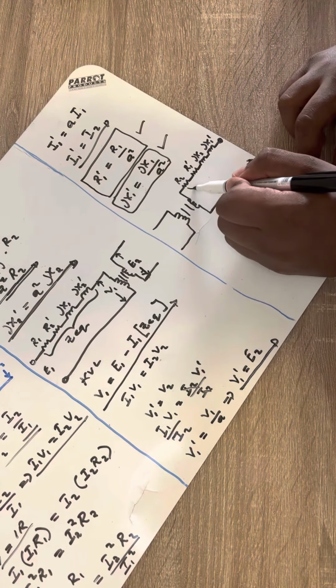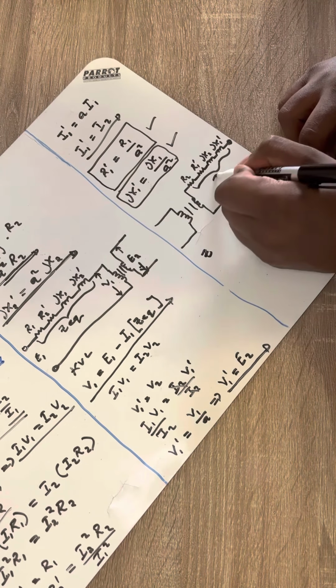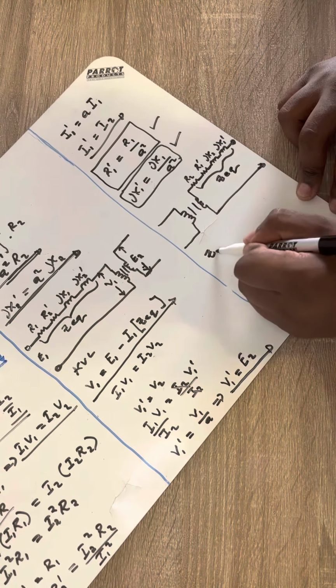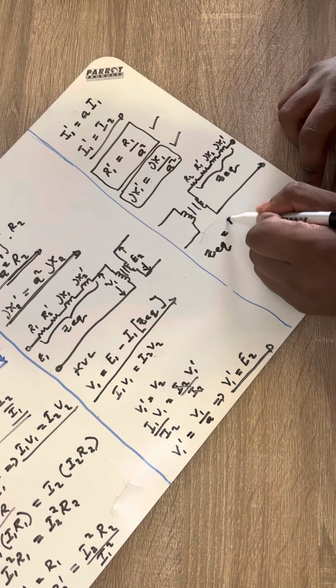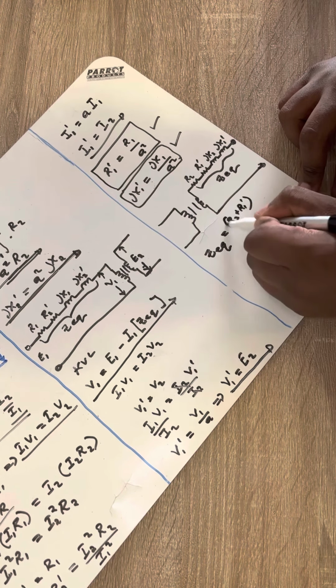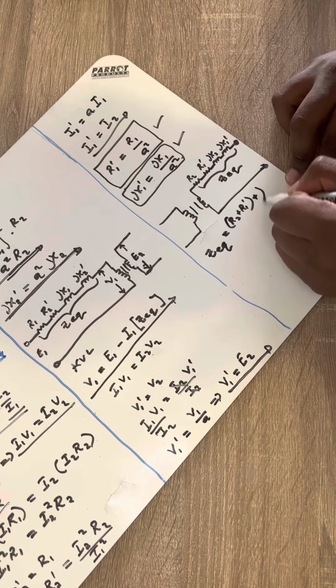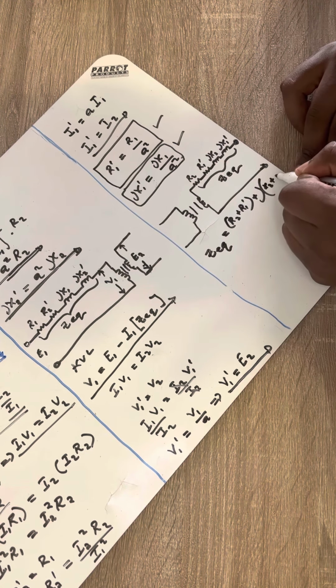Then you add a total impedance. Let's say the total impedance will be Z equiv. So Z equiv will be equal to R2 plus R1 prime, put the brackets, plus j into X2 plus X1 prime.